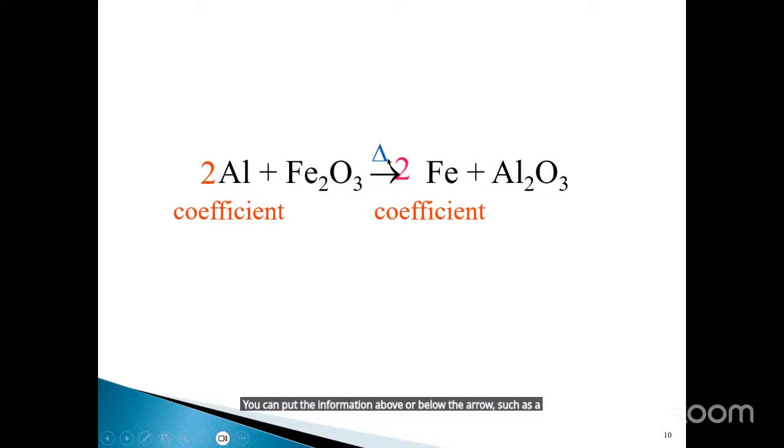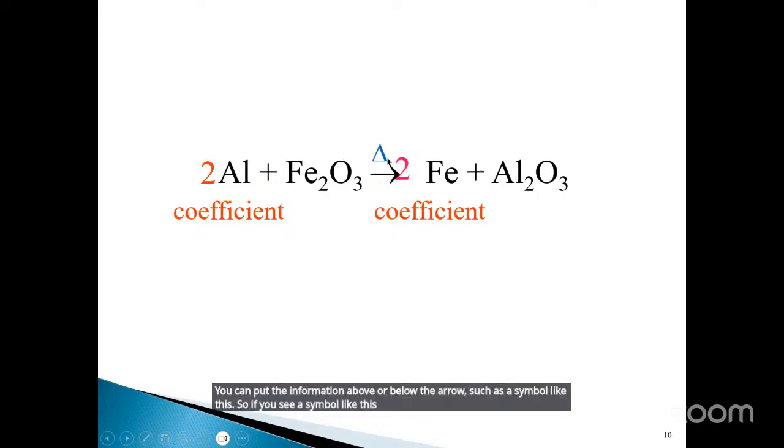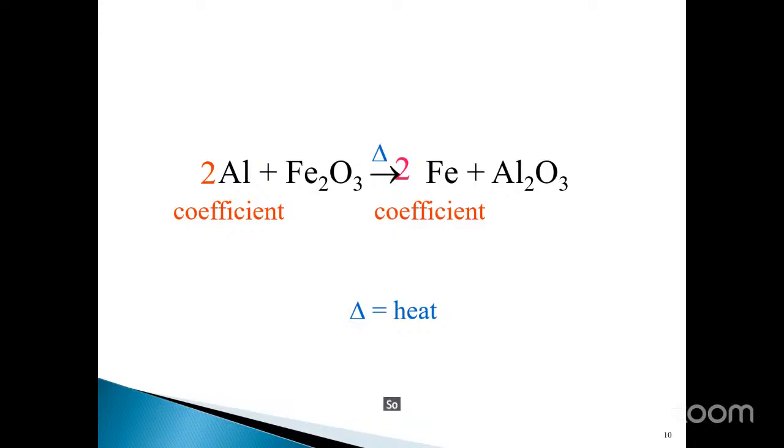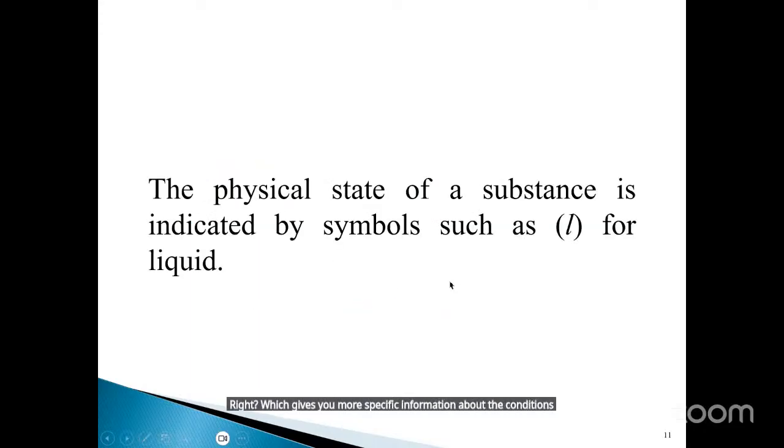If you see a small triangle, basically that means that you're heating the mixture in order to drive the reaction to take place, right? In other cases, you might be given even more specific information, something like 400 degrees Celsius, for example, which gives you more specific information about the conditions for this reaction.